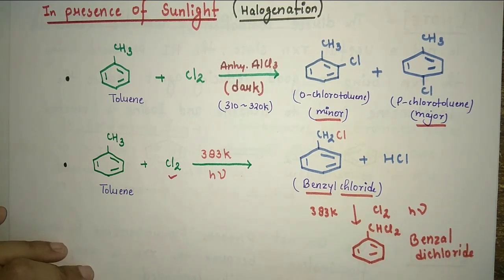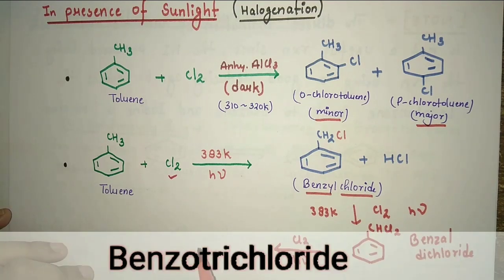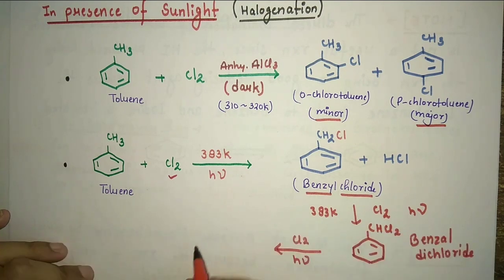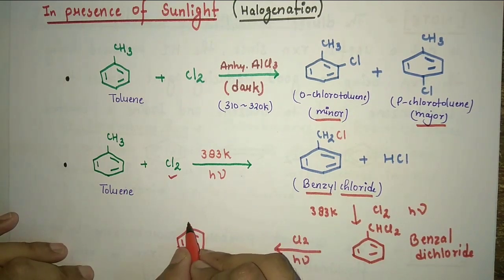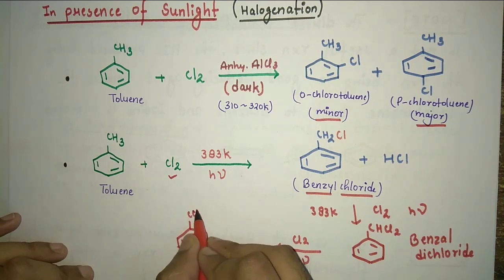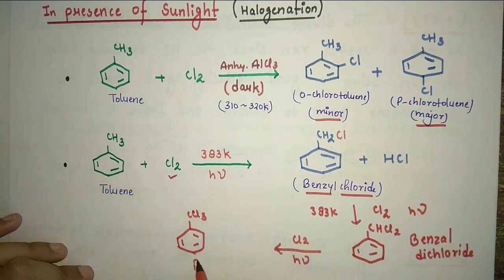And if we further pass chlorine gas into this benzyl dichloride, with Cl2, h nu, and the same 383 Kelvin, it further reacts to form benzotrichloride. This is known as benzotrichloride.